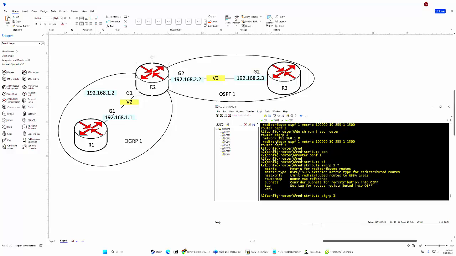Now here's another caveat, because with EIGRP, if you do not specify the metric, it doesn't even go into the topology table.